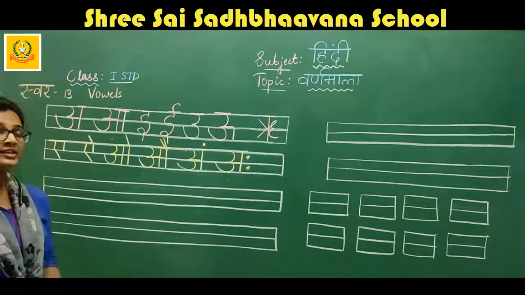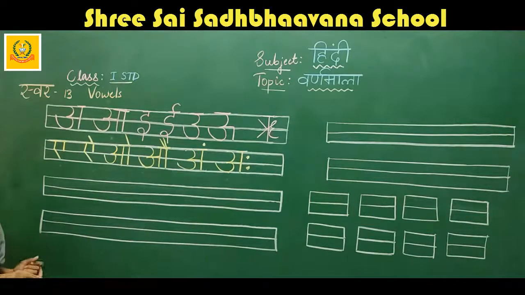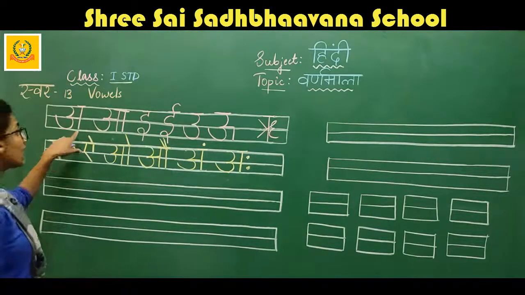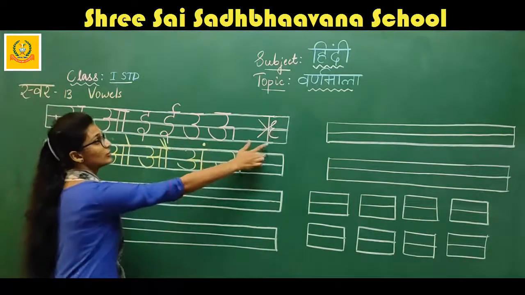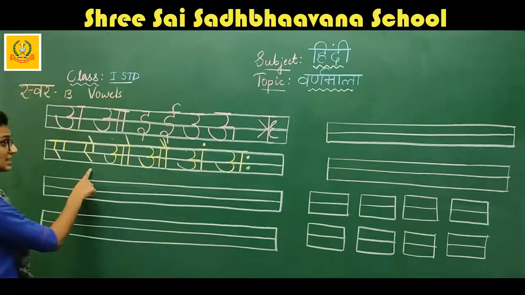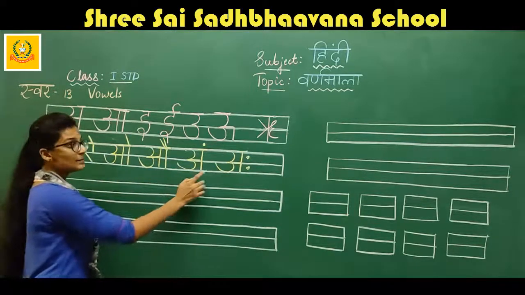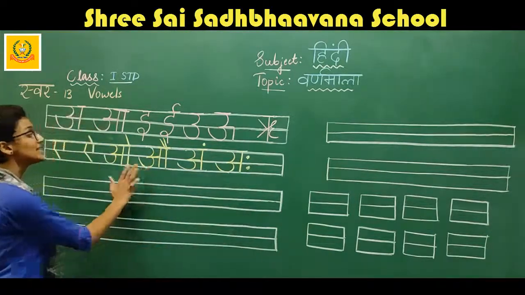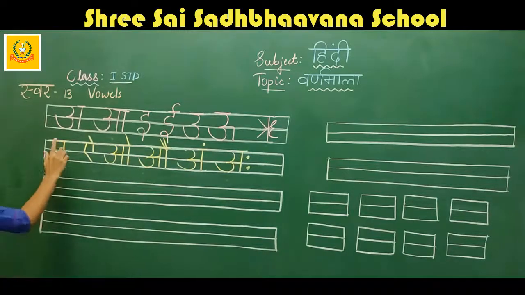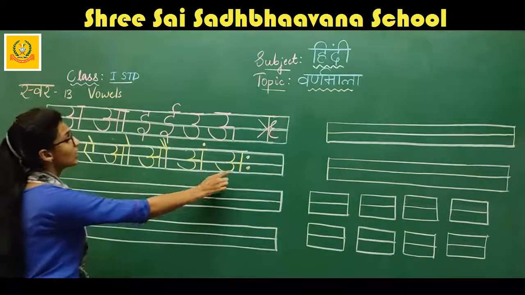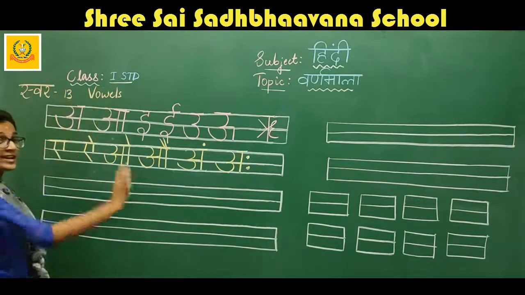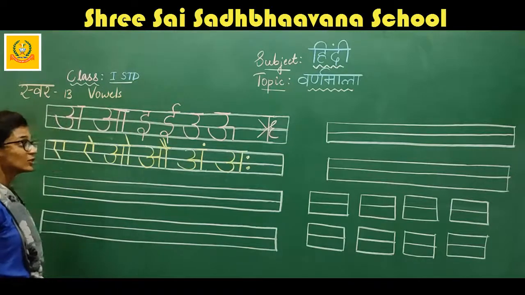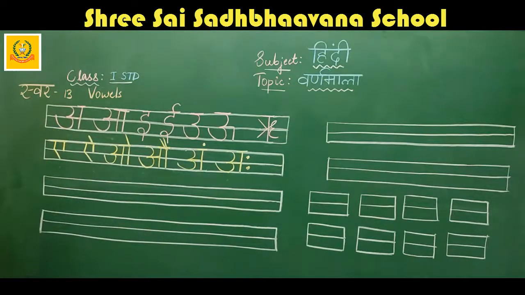So this is swar. Letters from A to Aha are called swar. They are also known as vowels. What are they known as? They are known as vowels.